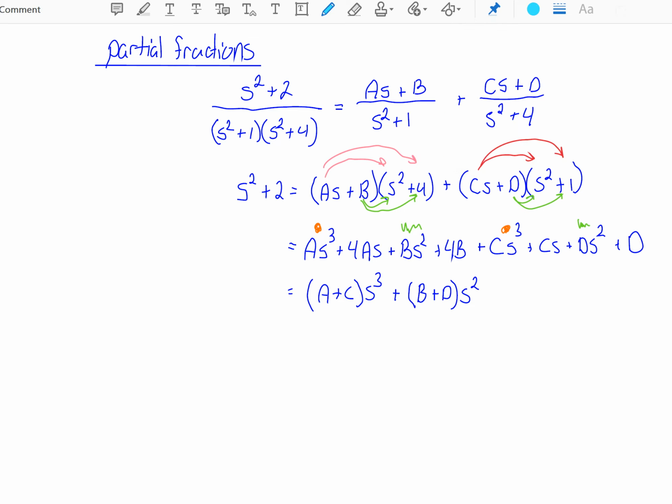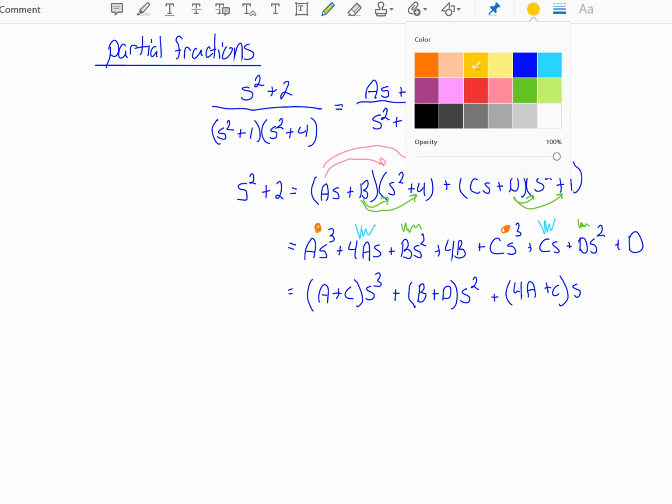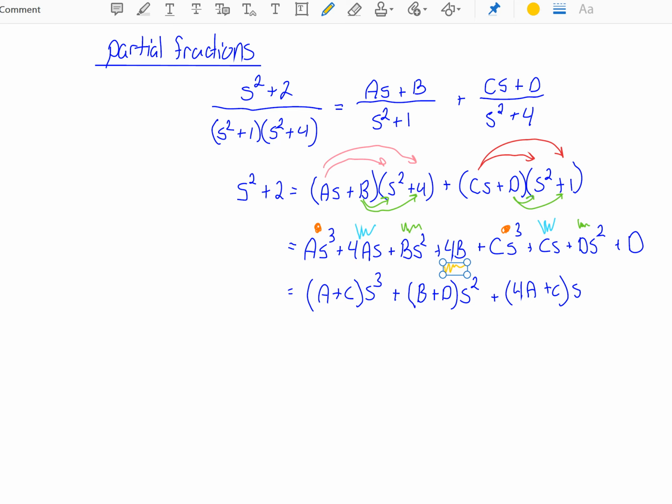Similarly, let's grab the ones that have an s, this one and this one, regroup these together, and factor out the common factor of s. And then lastly, get our two constant terms, which will be this one and this d, to give us 4b plus d. And somehow the right-hand side has to equal s squared plus 2.